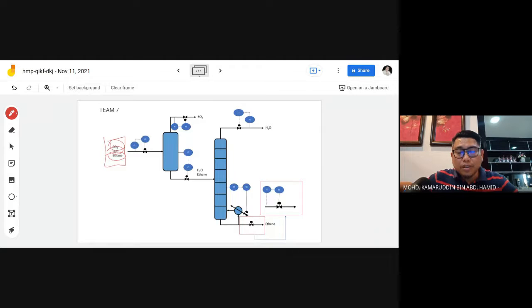Ataupun kalau you belajar reaction dipanggil tau. Do you have a residence time inside the stream in the pipe? Can you hold that pipe there?